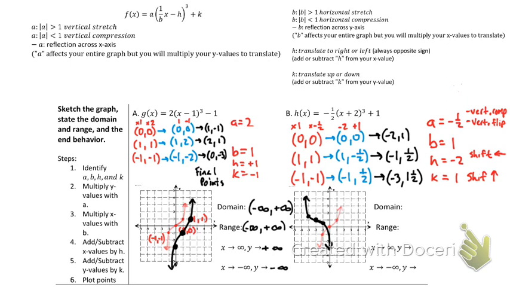So now we can go ahead and answer the domain and range. So my domain here, how wide is my graph? It's still from -infinity to +infinity. That didn't change. Okay, my range, it still goes down all the way forever and goes up forever. So the tallness of my graph is -infinity to +infinity.